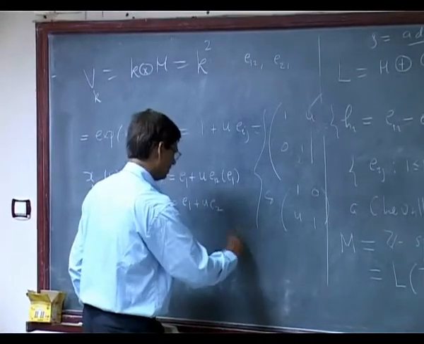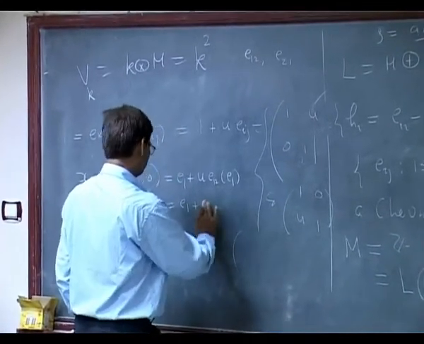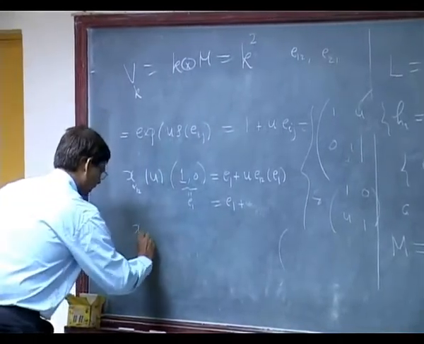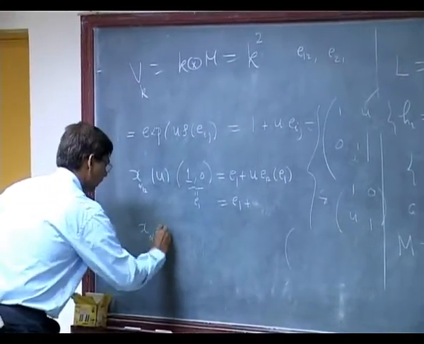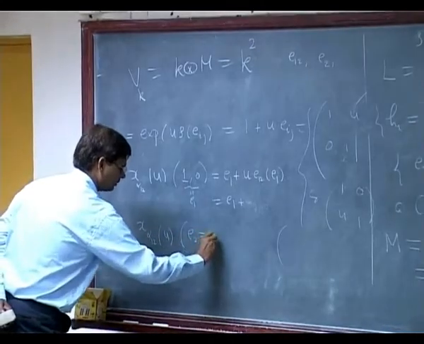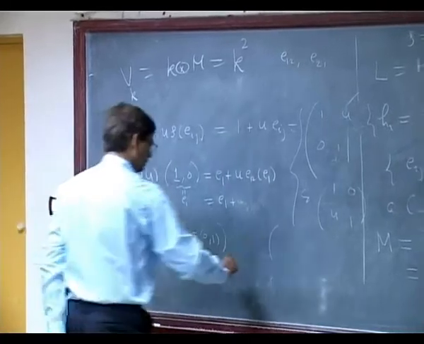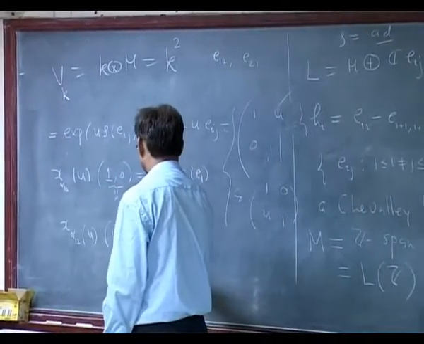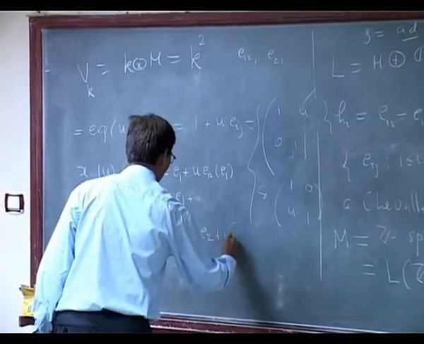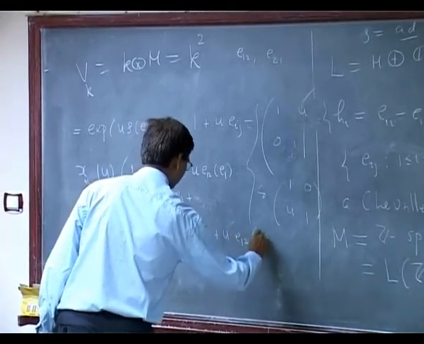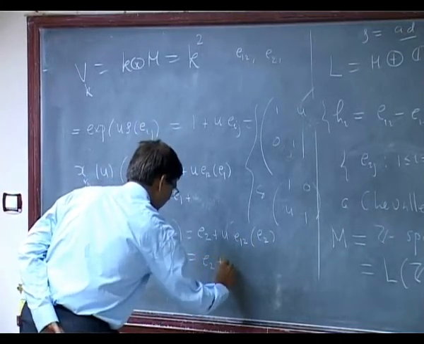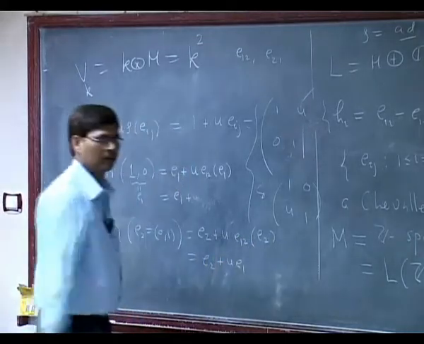Right, E1 goes to 0. So, this is 0. And x alpha 1 2 of u of E2, meaning (0, 1), what is it? This is E2 plus u times the E12 matrix of E2, which is E2 plus u times E1. Okay.